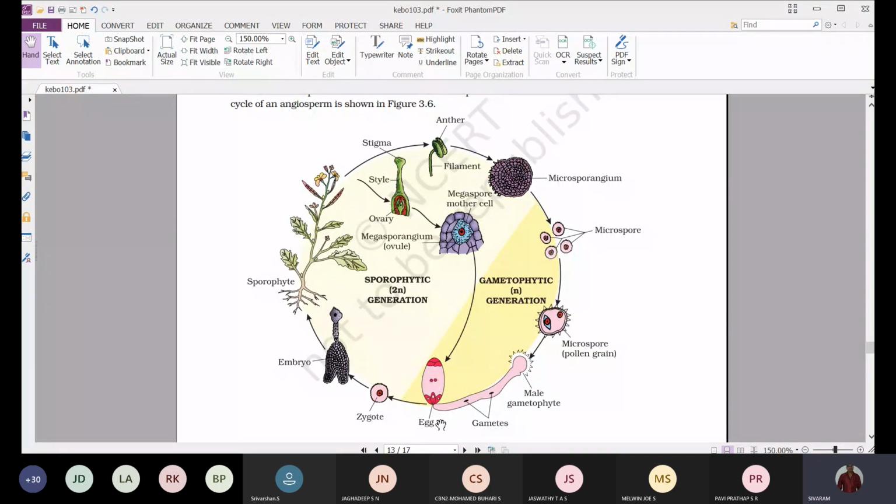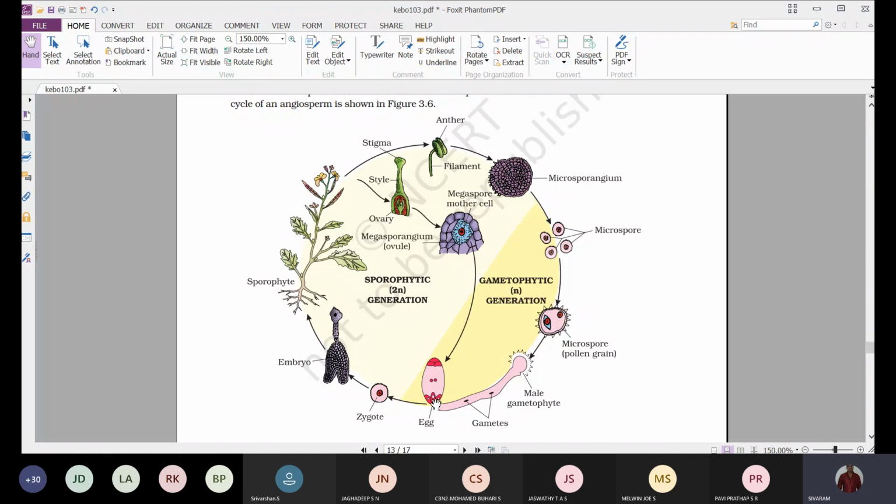We can see the embryo sac here. We can see the 3 cells present towards one end, and this group of 3 cells we call the egg apparatus. In that, the centrally located cell is the egg cell. On either side of the egg cell, we'll find 2 more cells called synergids.